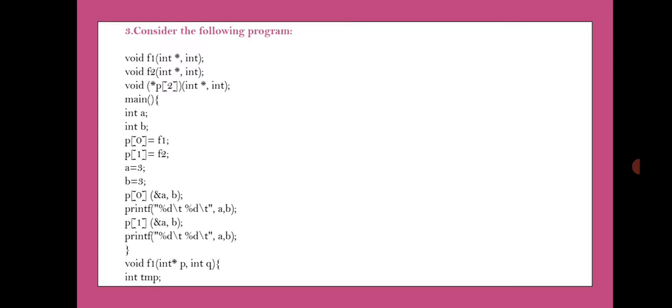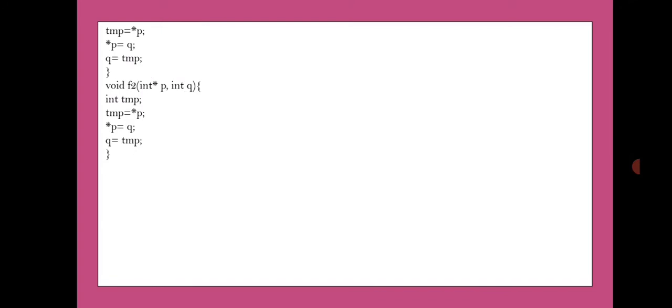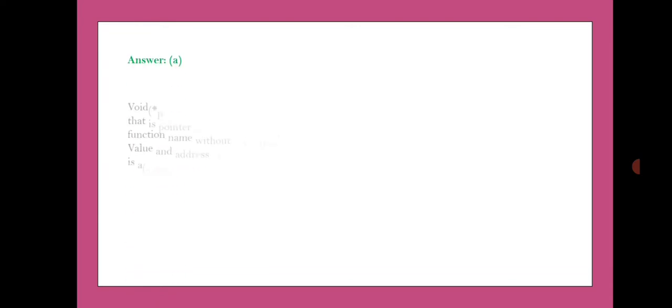The only argument that is affected is a, it cannot affect b, isn't it? Because of call by value, f1 and f2 cannot affect b. Hence the answer is a. I'm typing it.